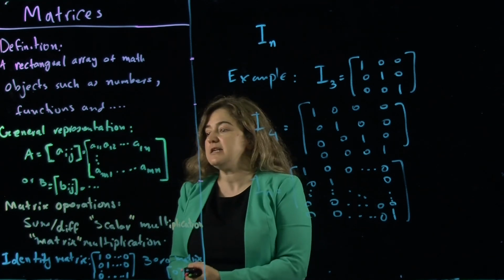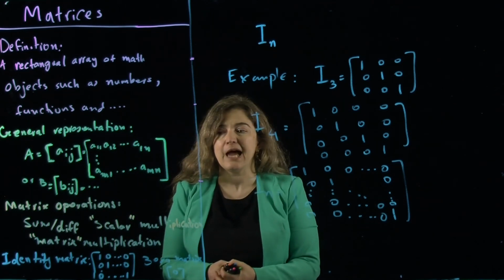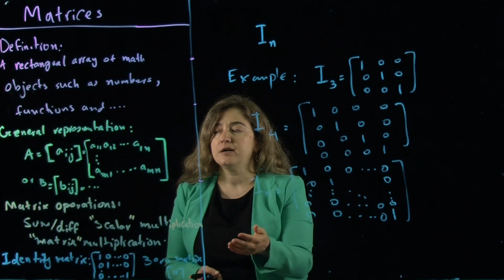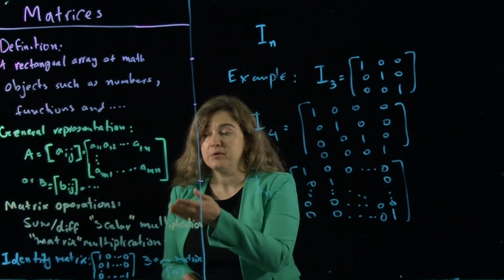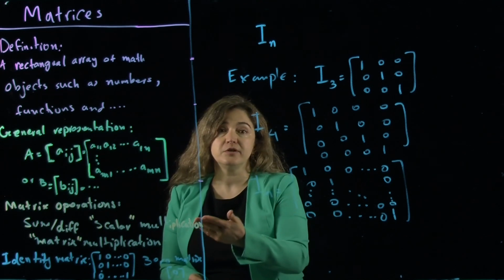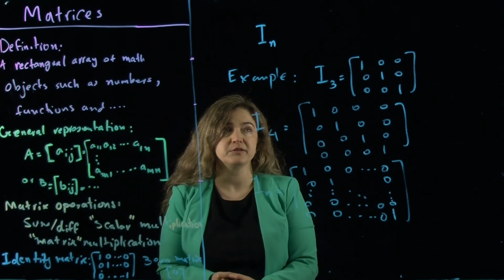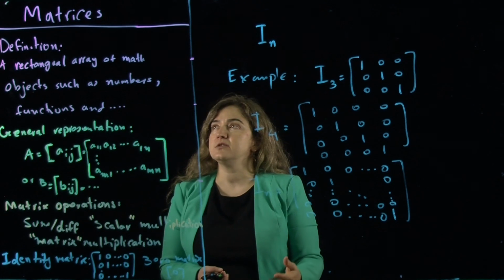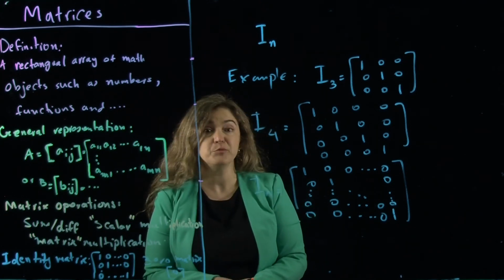The identity matrix has a property with matrix multiplication, and we come back to it after we discuss matrix multiplication. That will be the next video.